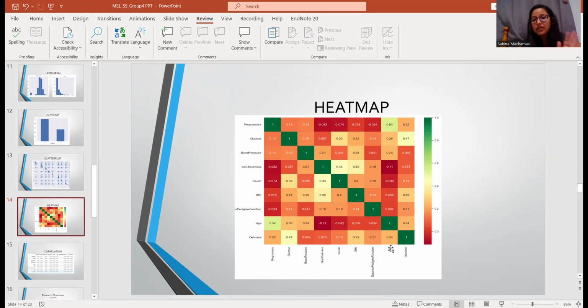Hence, it proves that pregnancies and age are correlated. If we see the glucose, the greenest side is 0.47, which is related to outcome. Outcome means people with diabetes and people without diabetes. Hence, the heat map is a very useful data visualization to understand whether there is a correlation between two factors or not.